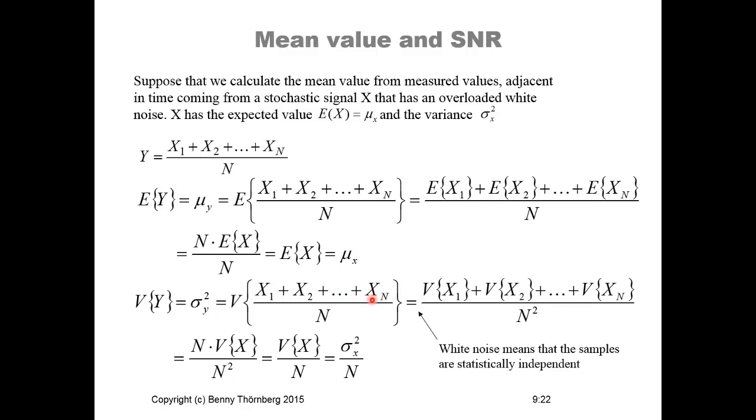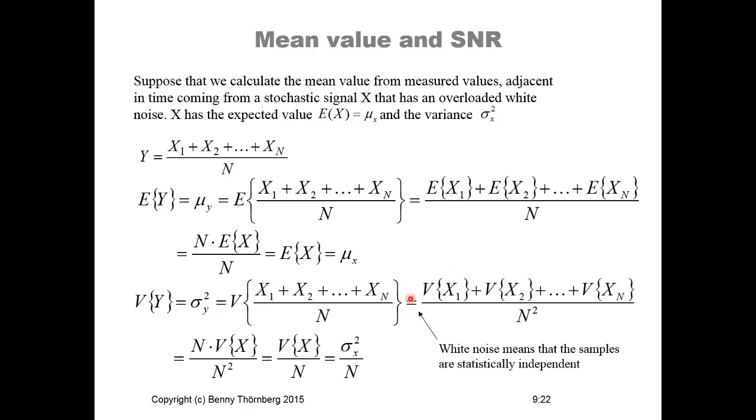This is true because we are assuming that we have a signal that is polluted with white noise, which is statistically independent samples, according to our definition of white noise. And when we break the constant outside the variance computation, we need to have the square of this constant, n square. And the variance of the variable x1 should be the same as the variance for x2 and the same for xn, being the variance of x.